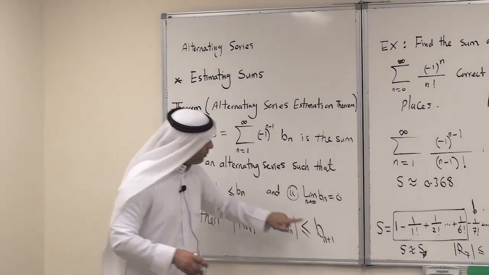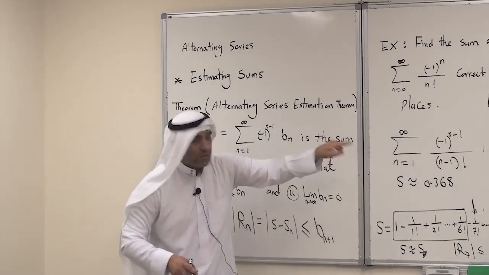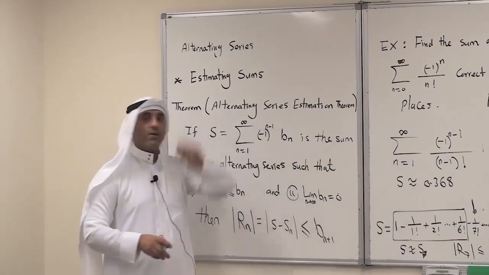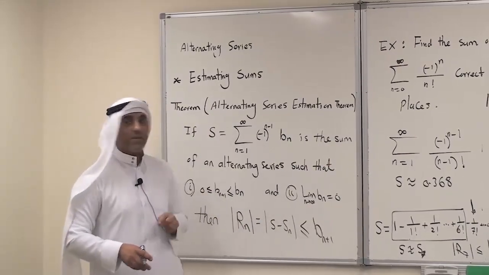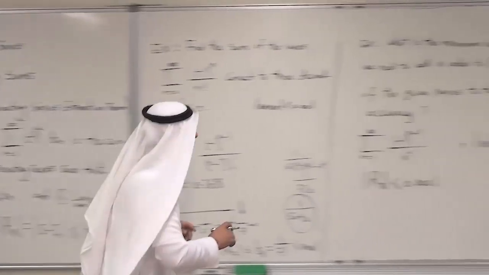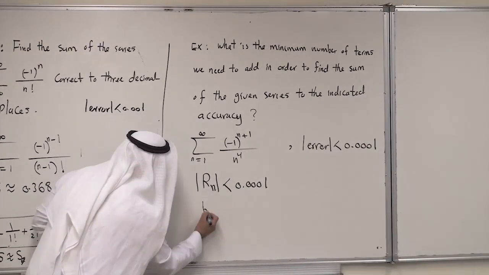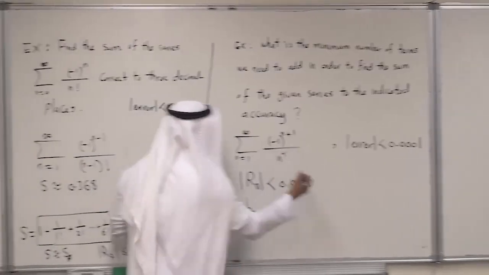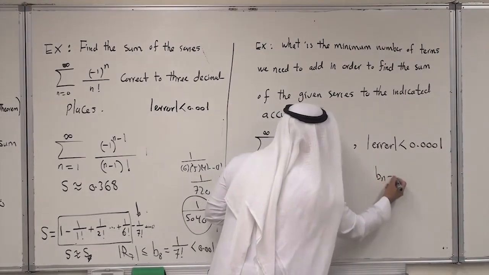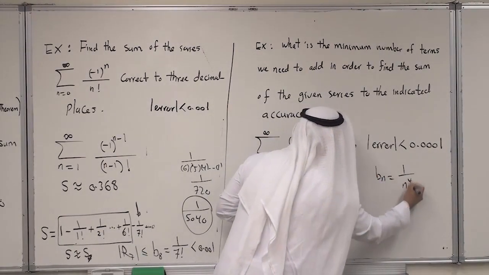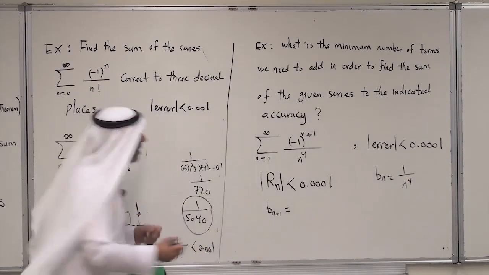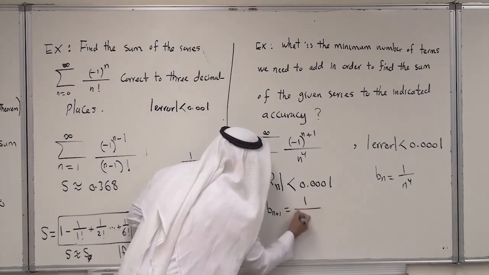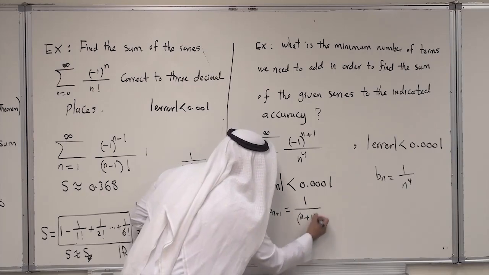If we are sure Bn plus 1 is less than 0.001, then our error is also less than Bn plus 1, which is less than 0.001. So what we need to do is find Bn plus 1. Bn here is 1 over n to the power 4. Bn plus 1 will be 1 over n plus 1, all to the power 4.